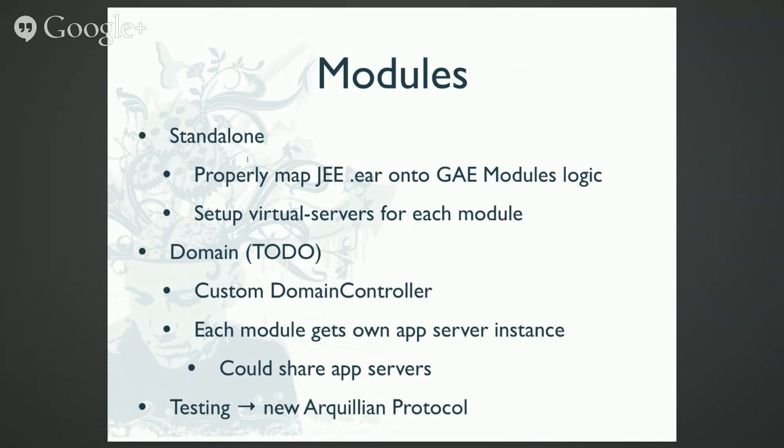As I said, for the modules, we need to properly map Java EE into Google App Engine modules logic. What we do is set up a virtual server for each module. That means each module gets its own port, but you have to manually create those virtual servers, at least at the moment.